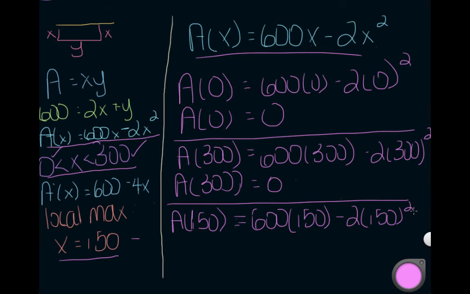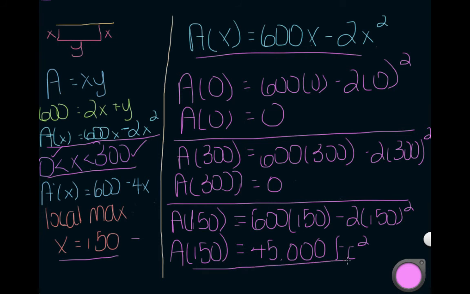So that means that when you do all of this arithmetic, you end up getting A of 150 is equal to 45,000 square feet, which is going to give us the largest possible value because that's larger than 0. We don't want our area to be 0 at all, and we figured out that our largest value will either happen here or at 0 or at 300.